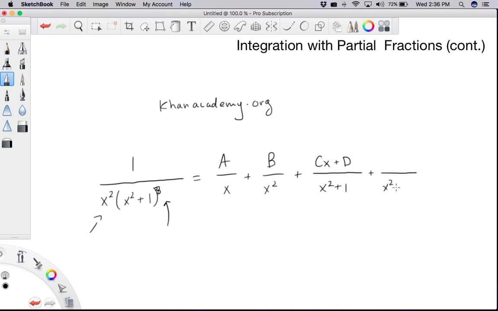And this is going to be something over x squared plus 1 squared. So this might be ex plus f. And then because we had a multiplicity of 3, this might also include x squared plus 1 cubed. And this might be gx plus h. So you can see as we start to add these non-linear, irreducible quadratic terms, it just gets more and more complicated.